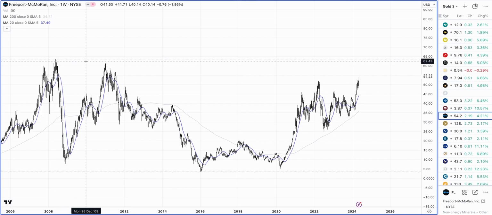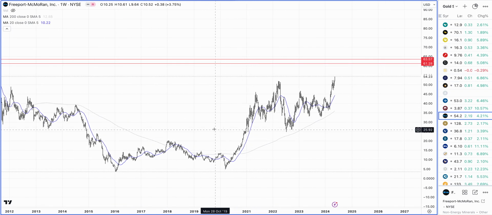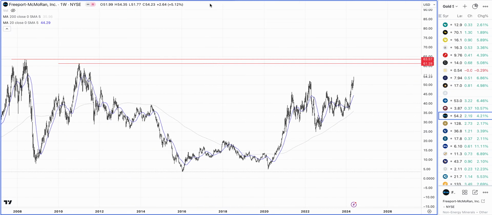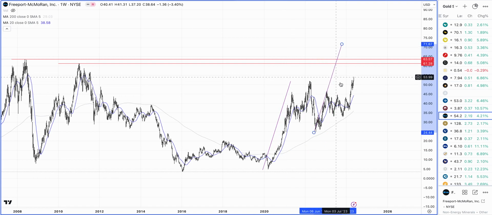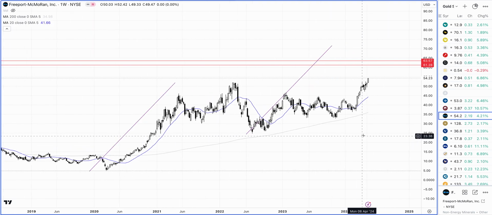So around here and here is where it looks like it wants to go. And of course, there's a possibility we might actually be in this big ABCD here. So what's happening is that it looks like money is flowing into these miners, so that's very interesting.